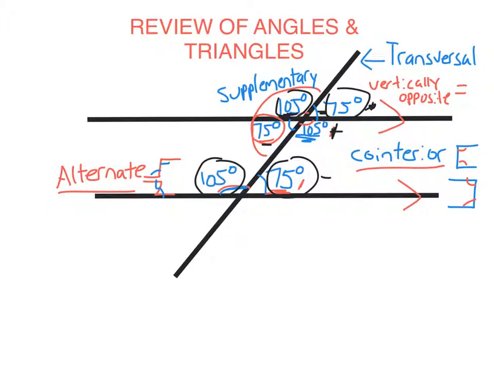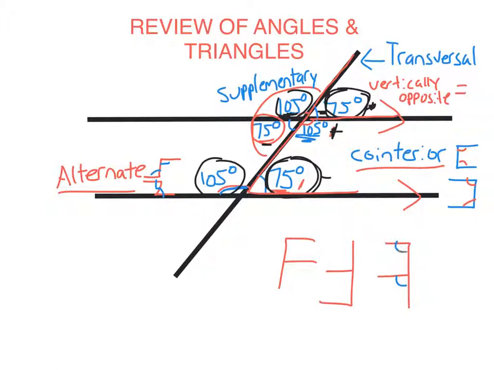The only way that can work is if this angle and this angle are equal. So they're sort of bounded by an F shape. Now this is like an upside down F, but that's okay. So the upside down F can be this way or this way. It can also be that way. These are called corresponding angles.